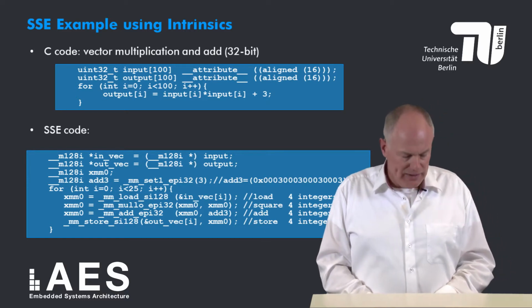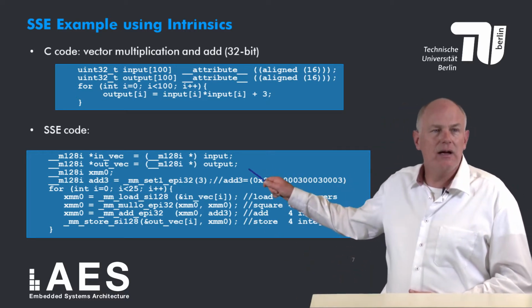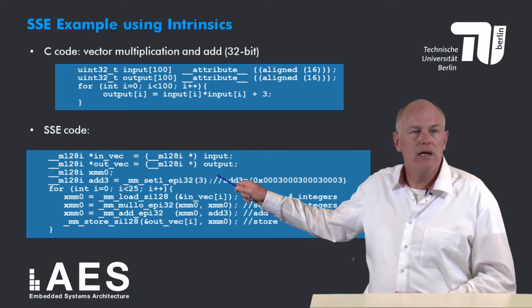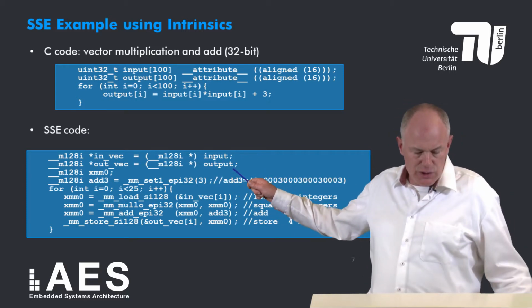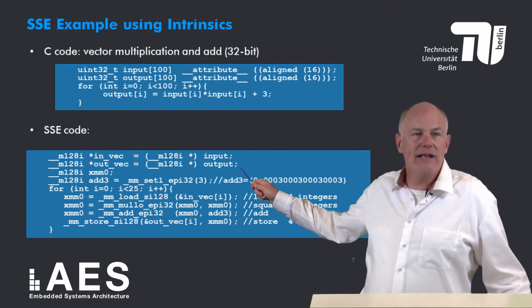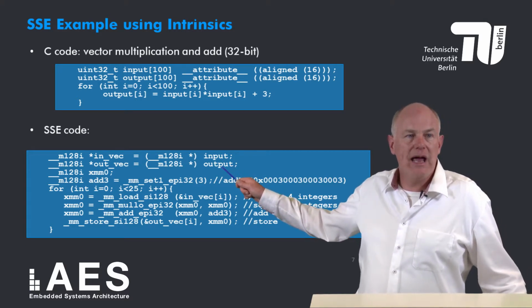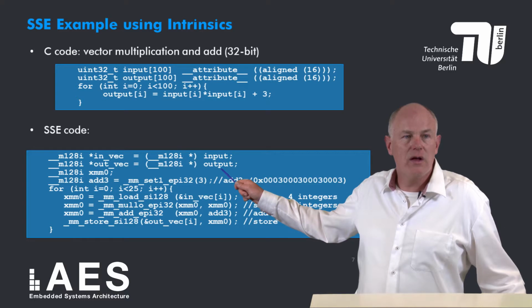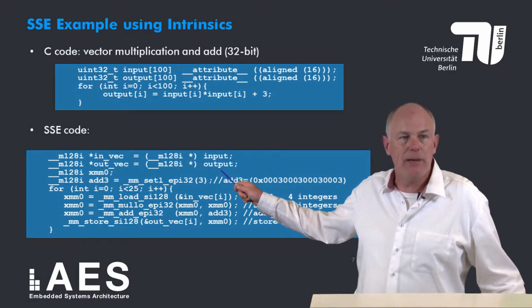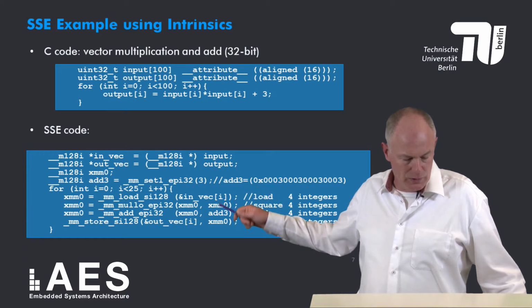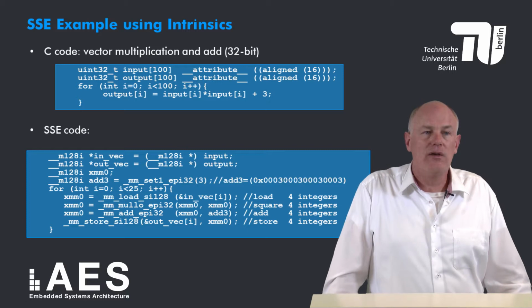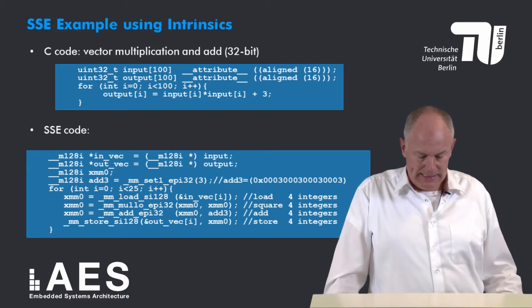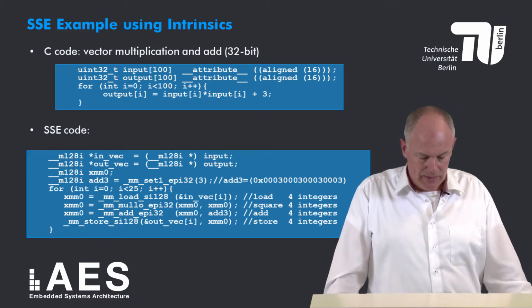Using SSE intrinsics, we can use this code. This code allocates the input and converts the pointer to something that points to this data type, and similarly for output. And we know that by default it aligns at a 16-byte boundary.